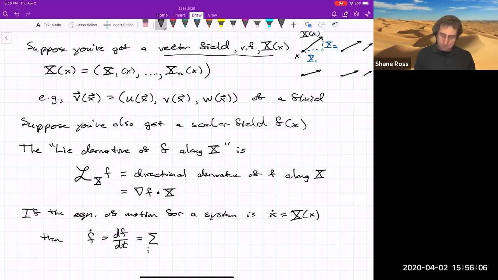So this would be a sum of the elements 1 through n, partial F partial xi, and then the derivative of xi with respect to time.